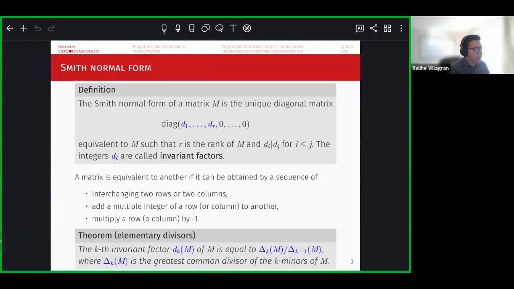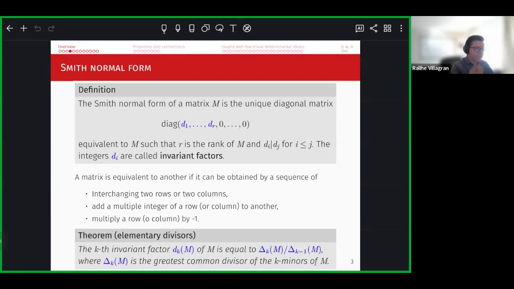But first, let me talk about another diagonal form of any given graph matrix. If we have the adjacency or distance matrix, we can think about the Smith normal form over the integers, or in general over any principal ideal domain, or even more generally, what we want is to have a good behavior of the greatest common divisor of two elements in a ring.